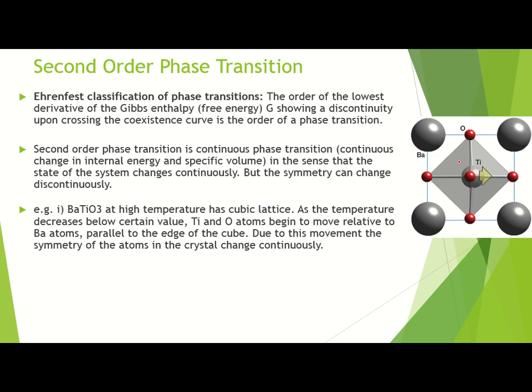This is at high temperature. When we decrease the temperature of this barium titanate, barium remains where it is, but the Ti and O shift. They move relative to the barium atoms along the edge of the cube.